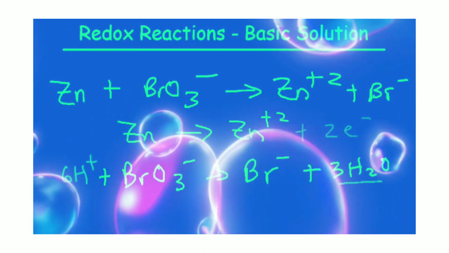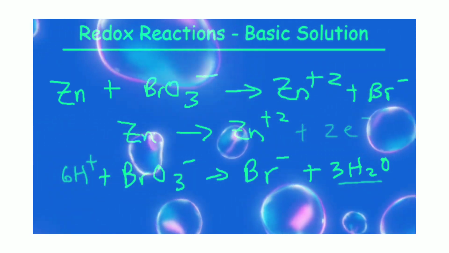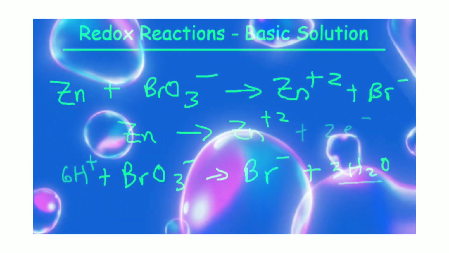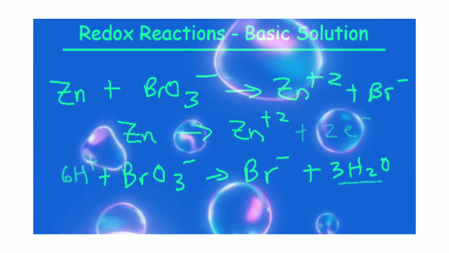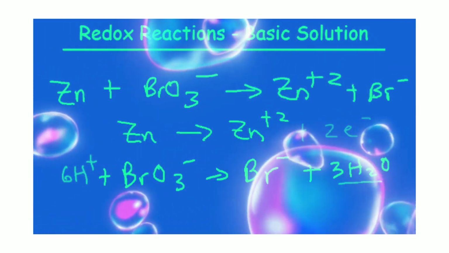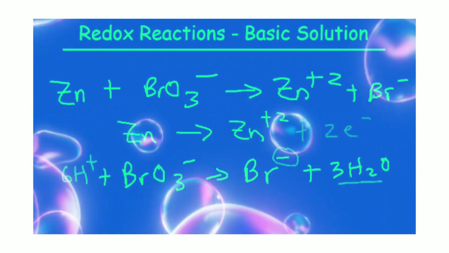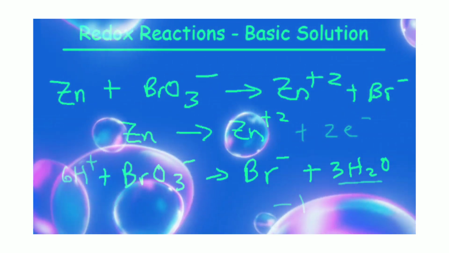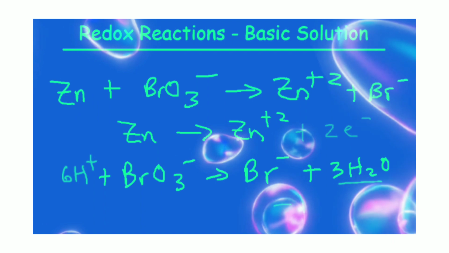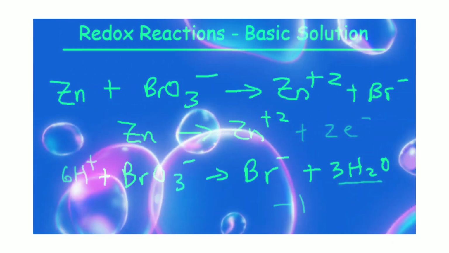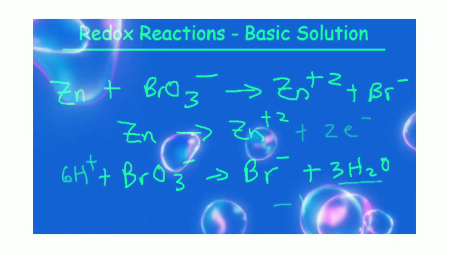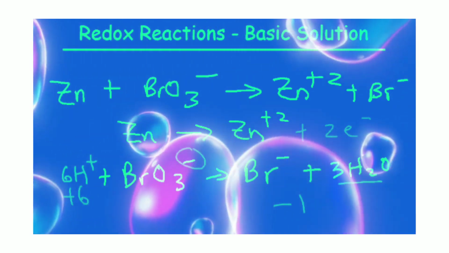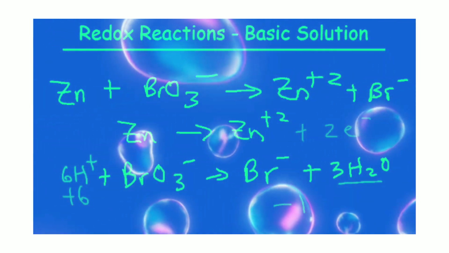Now once the number of atoms are balanced on both sides, we can balance the charges by adding electrons. The total charge on the right side is -1. The total charge on the left side, so we have 6 hydrogens each with a +1 charge. So 6 times 1 is +6, plus the negative charge from the bromate ion.